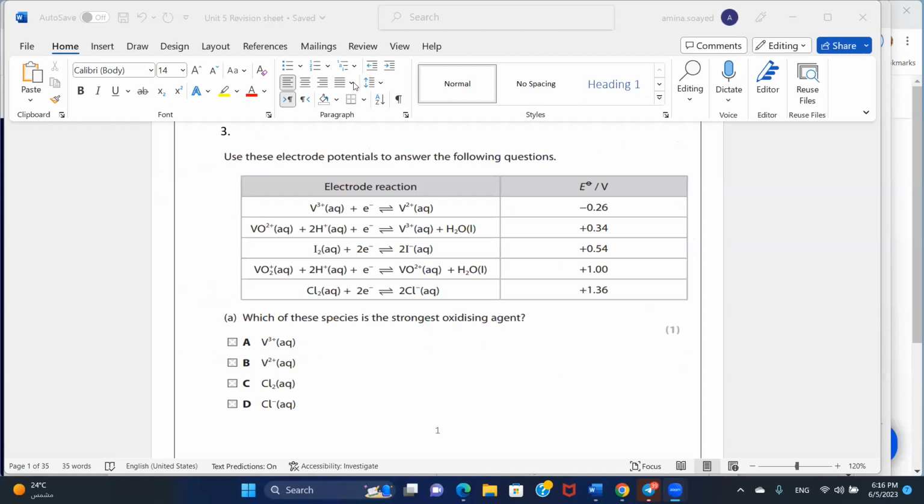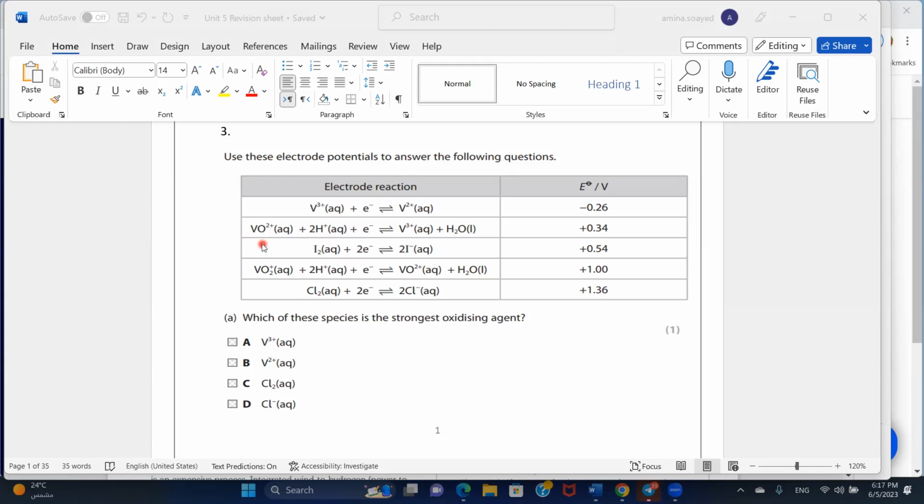Here it says use these electrode potentials to answer the following questions. They gave us some of the electrode potentials. I just want to remind you that whenever we have vanadium with high positive charge, then it has an oxygen.